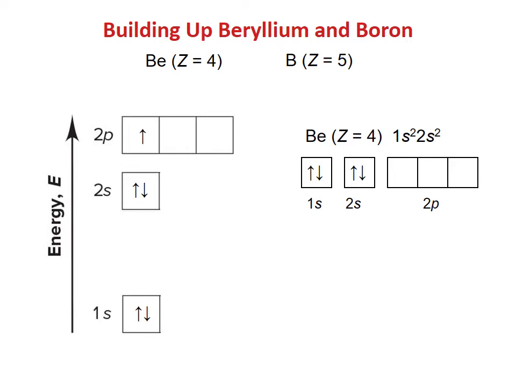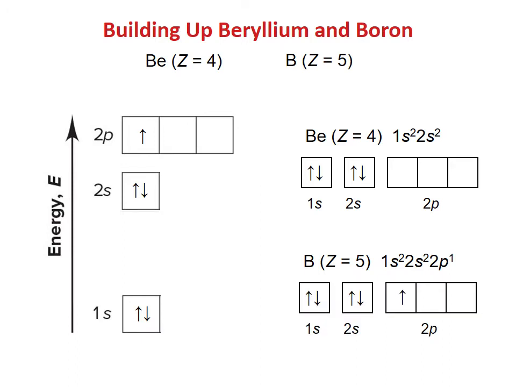So the electron configuration should be 1s2, 2s2, 2p1. And the orbital diagram should be 1s, 2 electrons, 2s, 2 electrons, and the 2p, the left side has 1 electron, spin up.